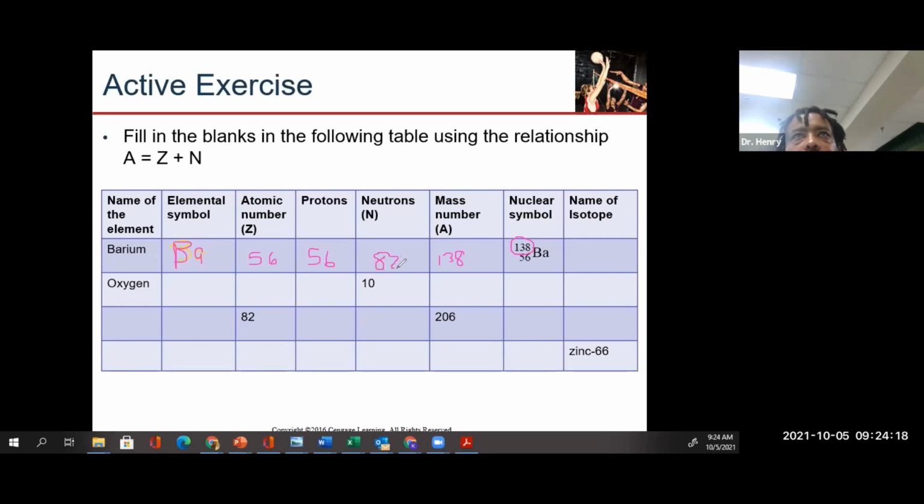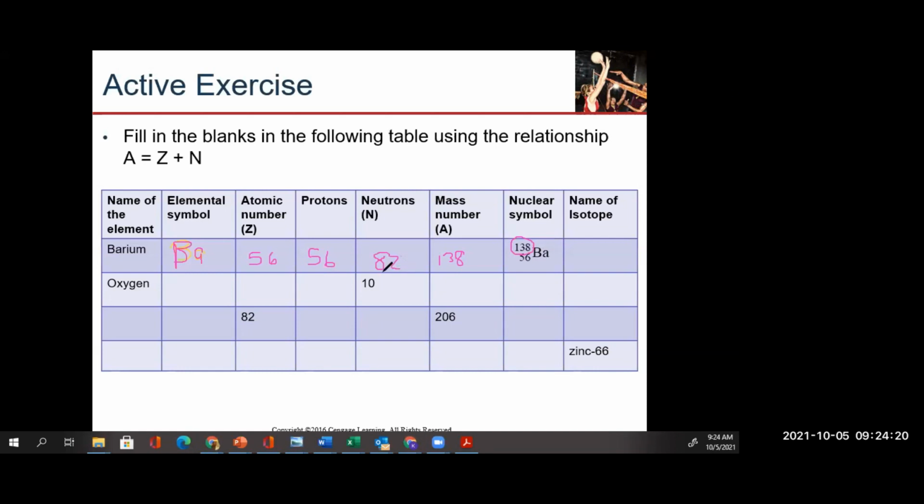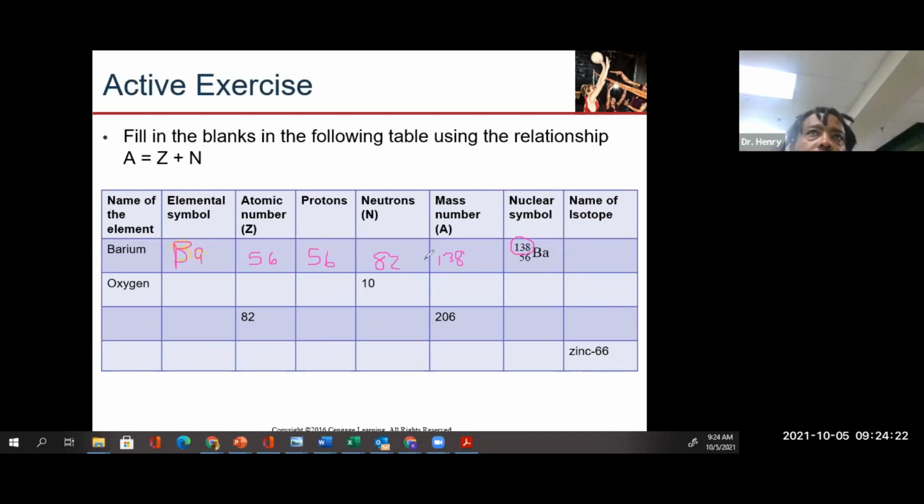Because then we just subtract 56 from 138, and that'll give me 82. Okay, so then how would we write the name of the isotope? In the same format as this guy.